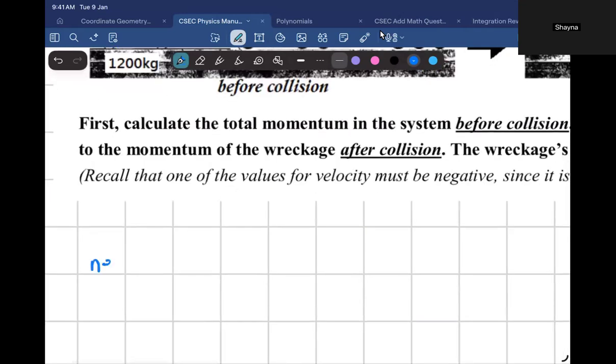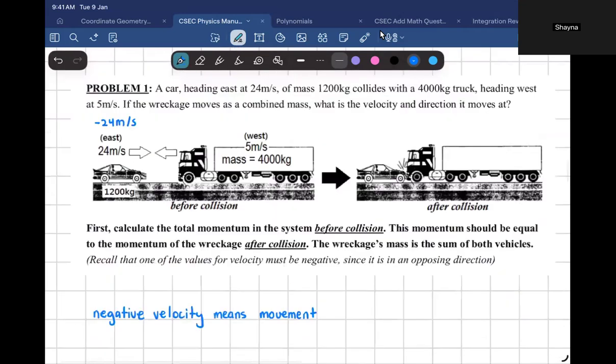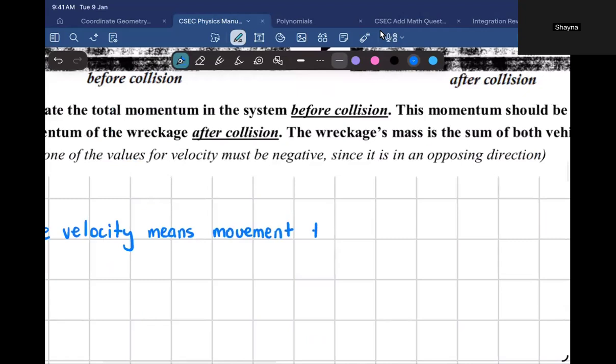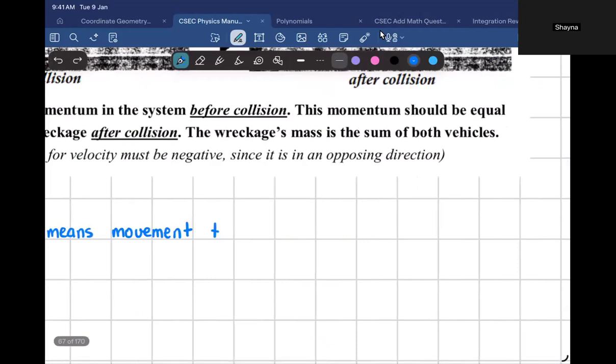So negative velocity means movement to the east. So anytime you're doing these questions, you need to declare which one you're calling positive and negative.